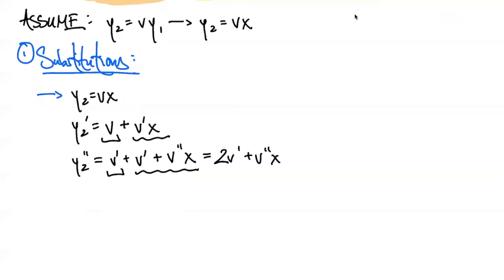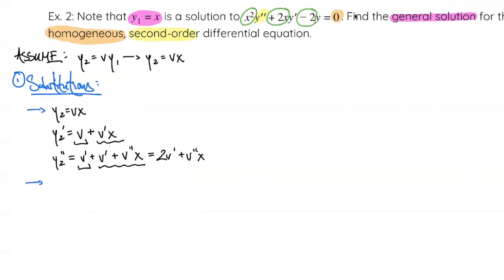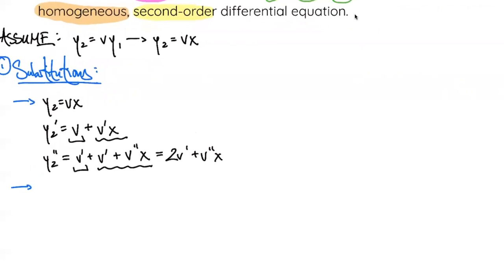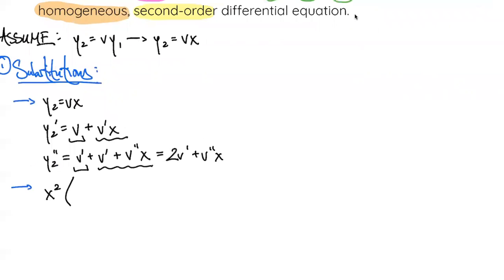All right, we're going to take these 3 lovely expressions. We're going to put them into our differential equation. In other words, all the things that are circled in green are going to stay, but our y double prime, our y prime, and our y get substituted with what we have here. And so we have x squared times 2v prime plus v double prime x.